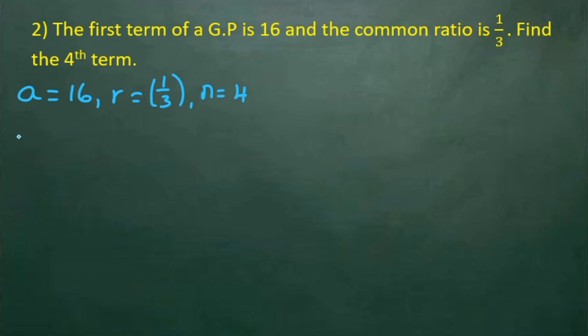Now we know that the nth term is given by the expression Un equals AR to the exponent of n minus 1. We are going to find U4.